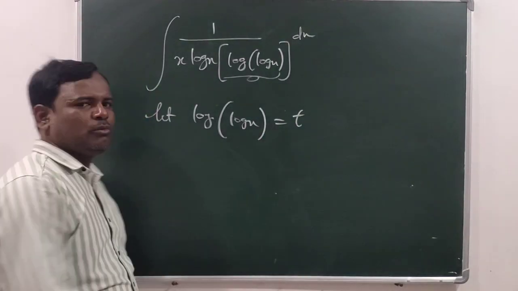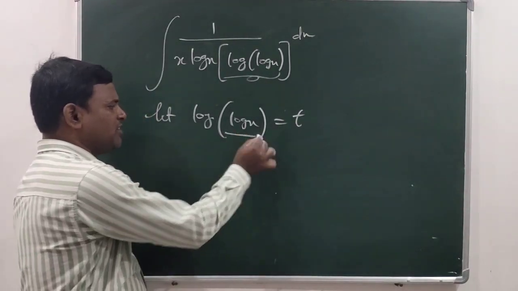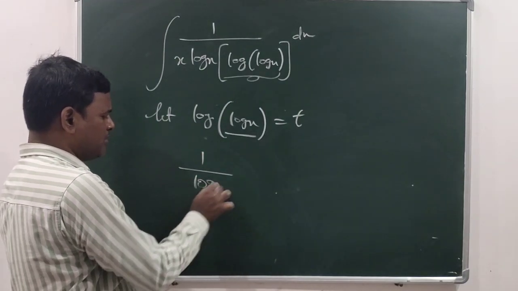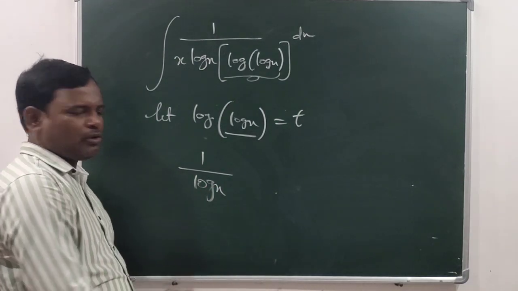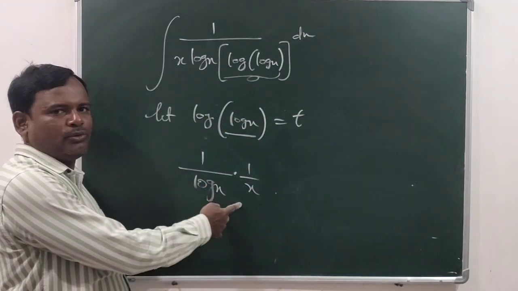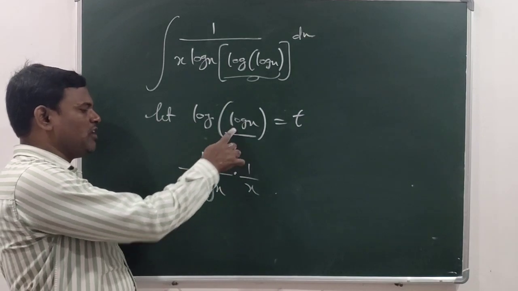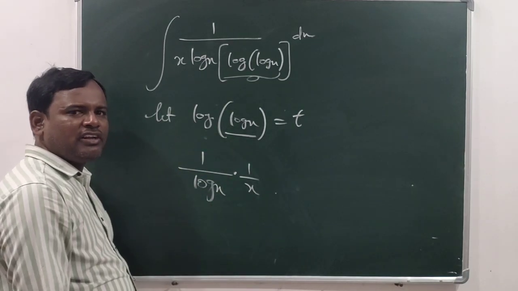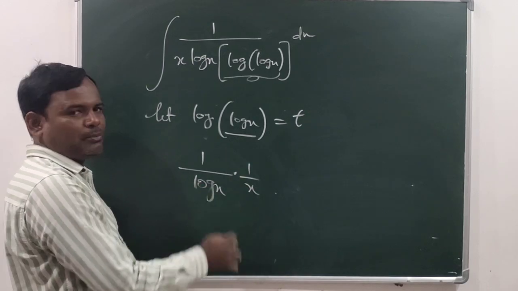Now differentiate on both sides with respect to x. Consider this one as x. Now log x differentiation is 1 by log x. Is this x? No. Whose differentiation is 1 by x? Again we have to follow the chain rule. Differentiation of log x is 1 by x, but this is not x. Hence we have to go for differentiation. Whose differentiation will be 1 by x.